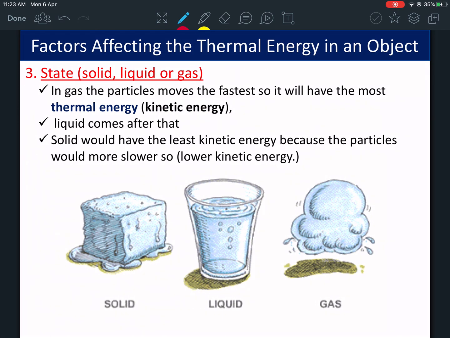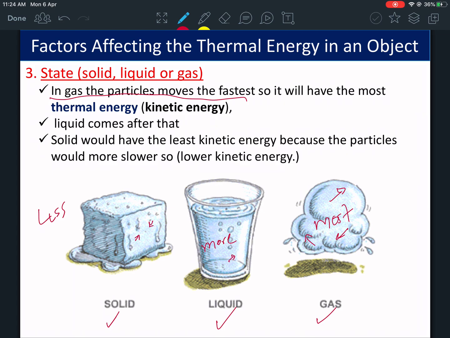Third thing would be state. We have three kinds of states: solid, liquid, and gas. In solid, you have less thermal energy. Liquid, you have more than solid. But the gas, you have the most thermal energy. In gas, the particles move faster. Here, the particles are moving much faster than in liquid or solid.